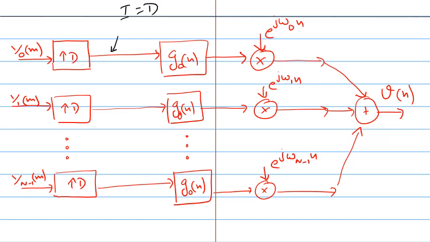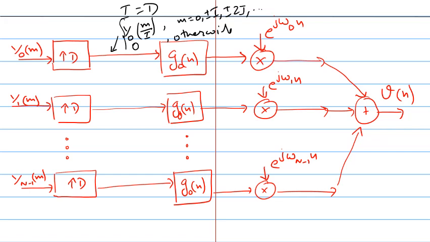So the output at this node will be y naught m by I for m is equal to 0, plus minus I, plus minus 2I and so on, and it is 0 otherwise.